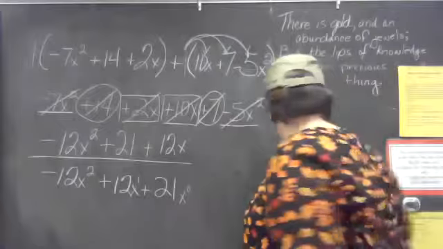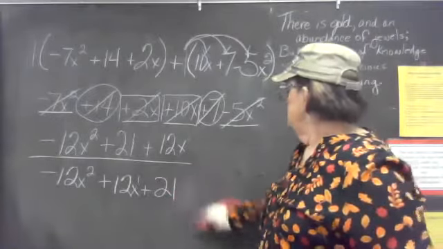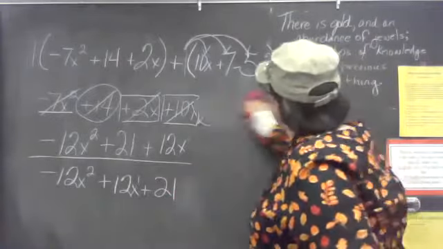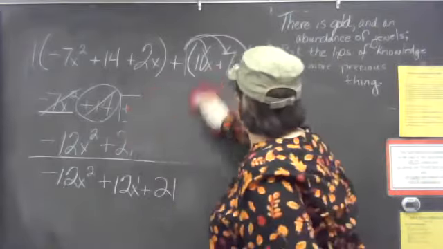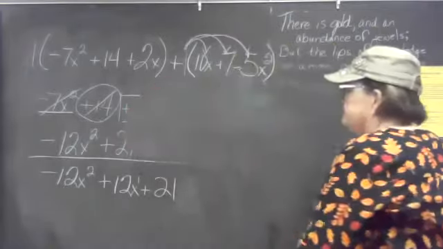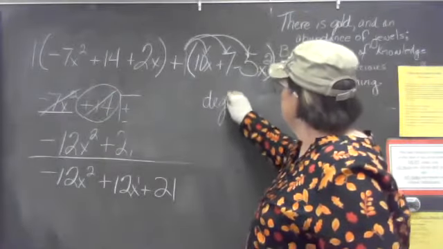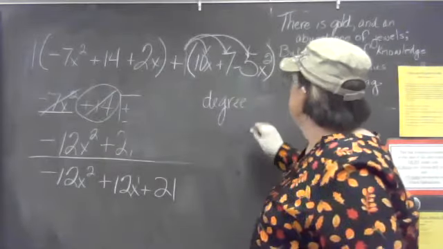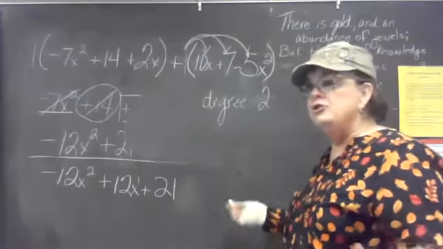So let's do a little bit more reviewing from yesterday. Tell me what the degree of this polynomial is. The degree. 2. It is. Good job. It is 2 because the largest exponent is 2.